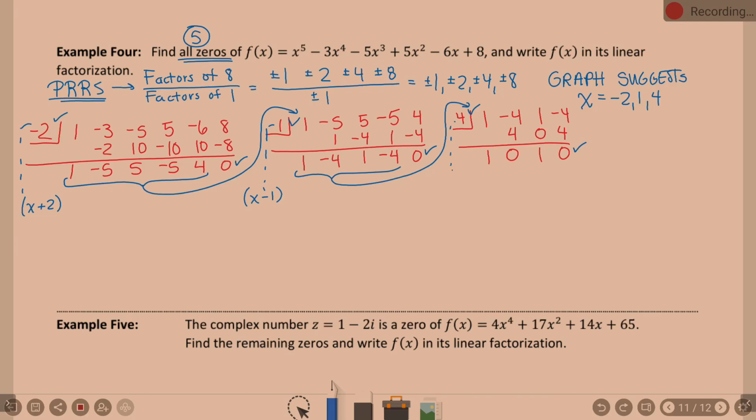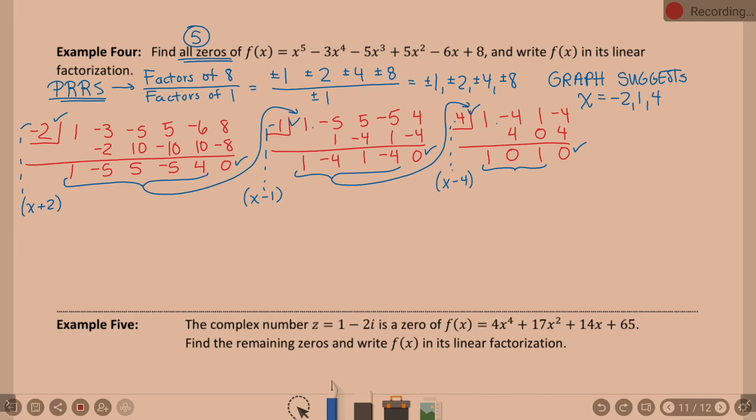Can you do like x squared plus 1? Okay, so here's the deal. I've got 3 factors. I've got 3 zeros going. My remaining 2 are right here. What does 1, 0, 1 represent? X squared plus 1, because it was x to the 5th, and this was x to the 4th, and this was x to the 3rd.